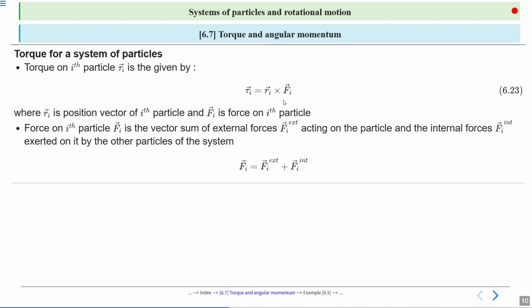So Fi is equal to Fi external plus Fi internal. Now we will see Fi external and Fi internal.